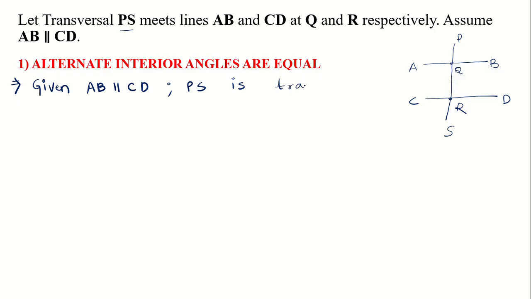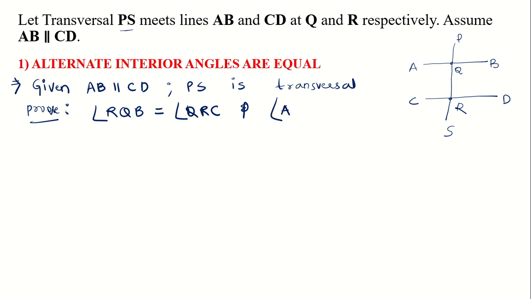Now we need to prove angle RQB is equal to angle QRC and angle AQR is equal to angle QRD.